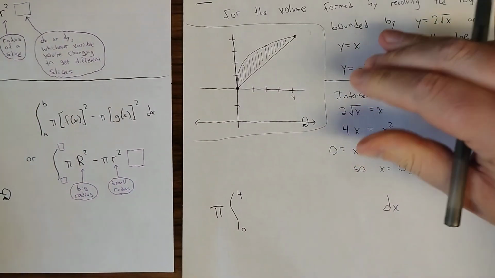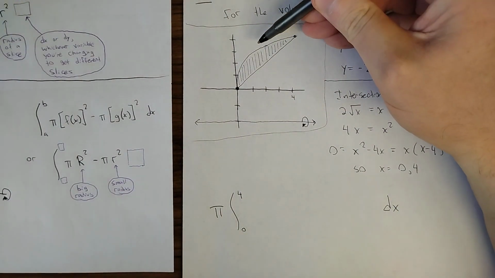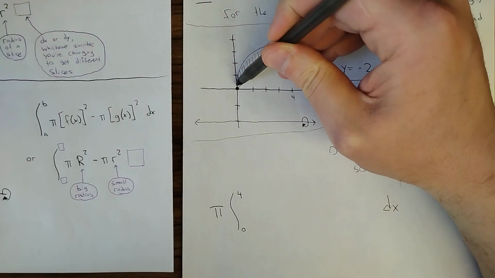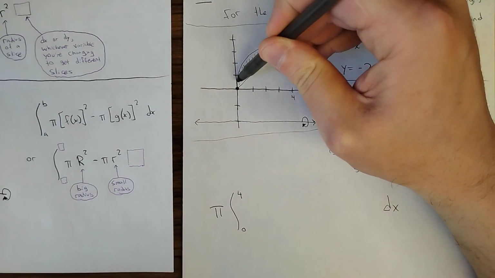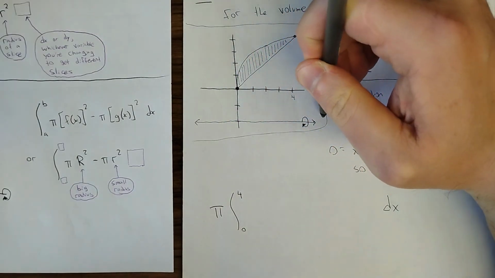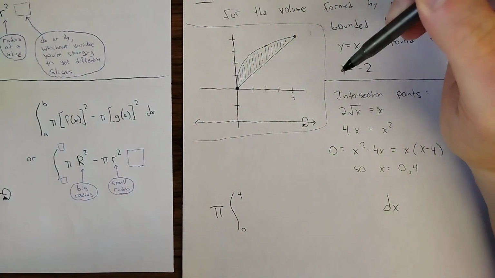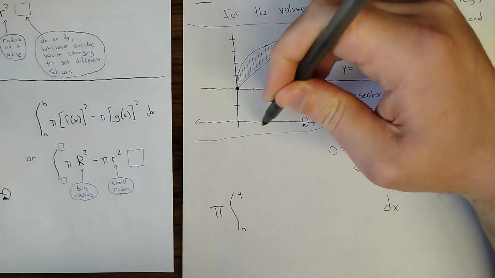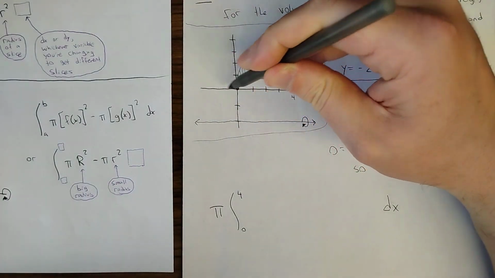Okay. What's big R? Big R is the distance from the farther curve to the axis of revolution. And this is one spot where we have to pay extra attention to the fact that the axis of revolution is not just the x-axis.